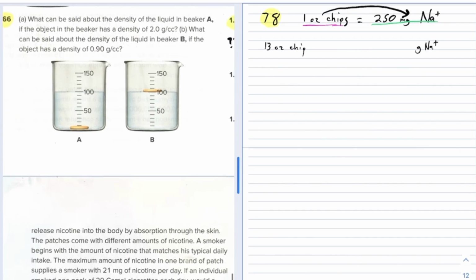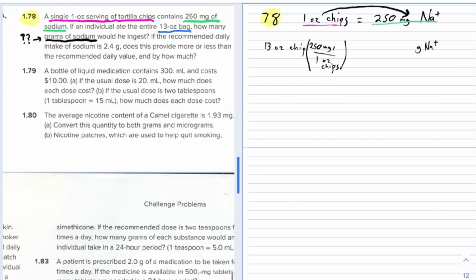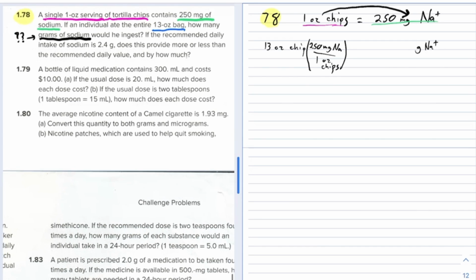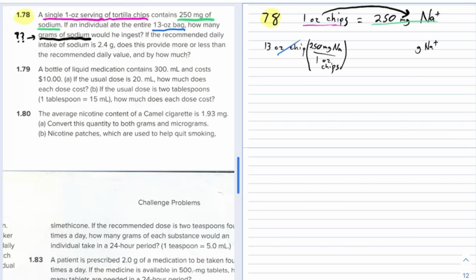Let's just do that. We get rid of ounces of chips. 1 ounce of chips means you got 250 milligrams of sodium. The ounces of chips units cancel, and you're left with milligrams of sodium, but we need to get to grams of sodium. So we take milligrams and convert it to grams in one more step.